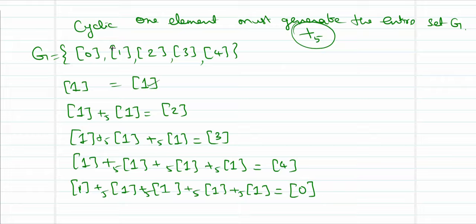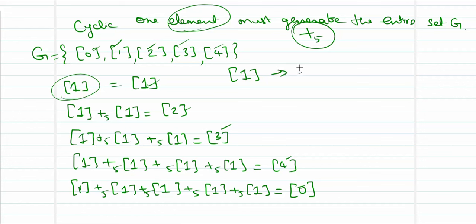So I have generated 1, 2, 3, 4 and the last element 0 also, using one single element. One element must generate the entire set. So this element 1 is going to be called the generator of my group Z5 with respect to the addition operation plus 5.